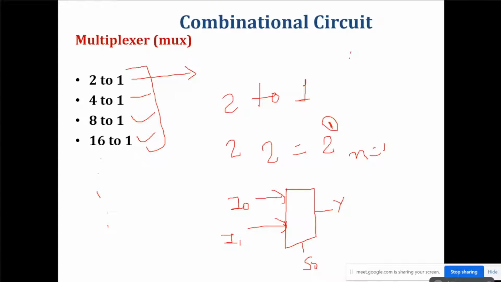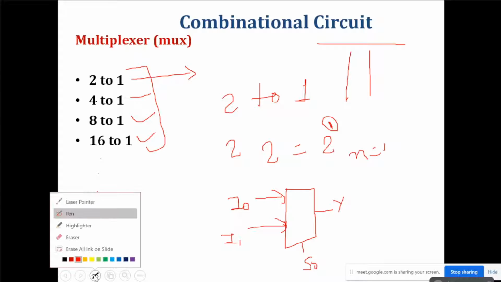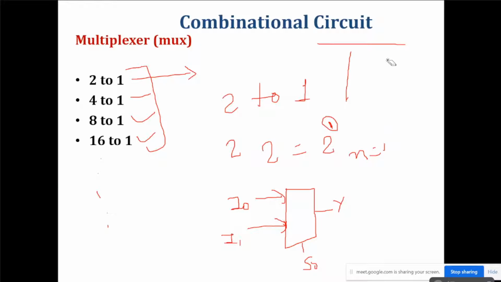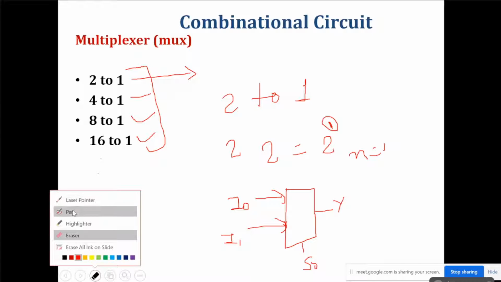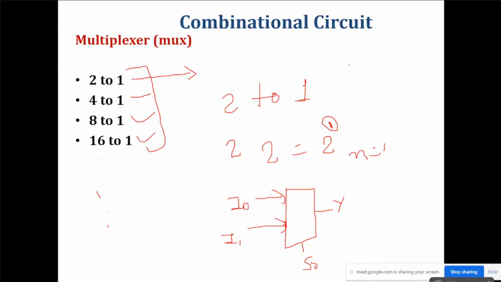So we have to find out how to implement this circuitry. This is the selection line. Because only one selection line is here, how many combinations are there? Only two combinations, and also we have only two inputs.